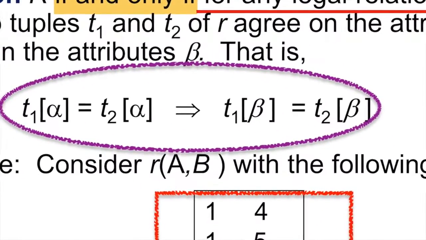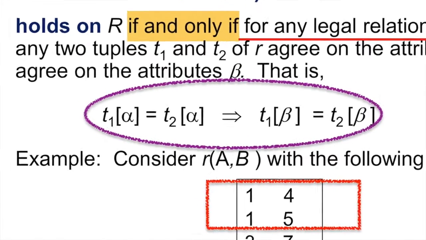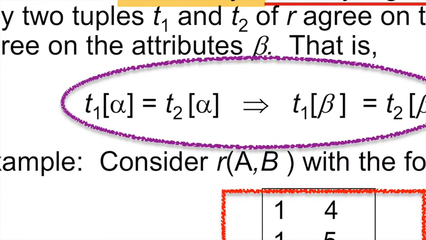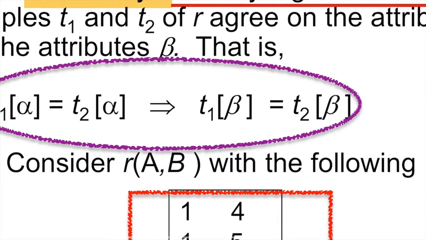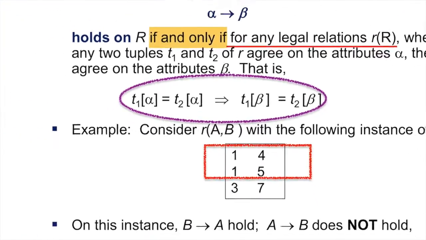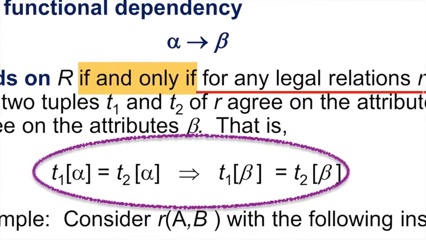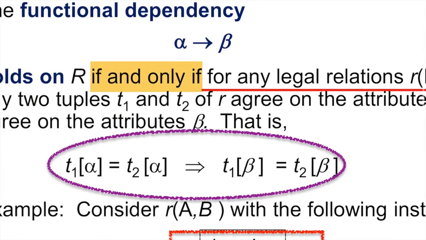So to put it simply, for any possible tuples na t1 and t2 ni R, kapag kapareho sila sa set of attributes alpha, then dapat pareho din sila sa set of attributes beta. So ito lang yung kailangan natin na masatisfy to say that there is a functional dependency from alpha to beta.